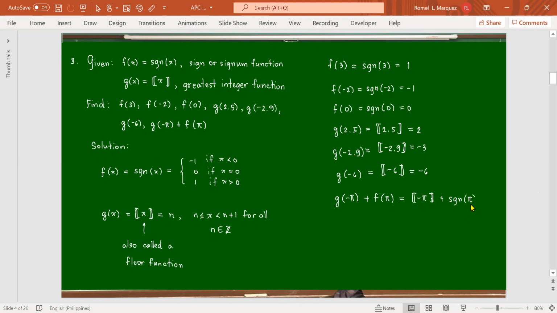So what's the answer for the first term? It is negative 4, because it is approximately negative 3.1416. So negative 4 plus 1, am I right? So the final answer is negative 3. Clear with this, guys?